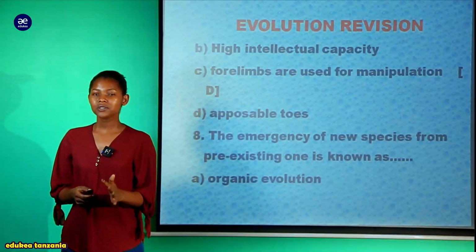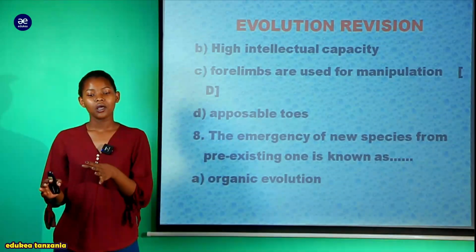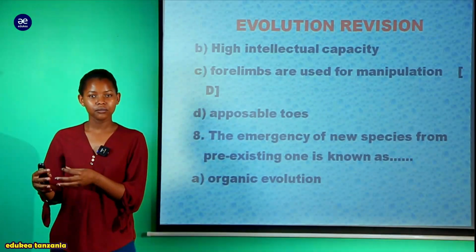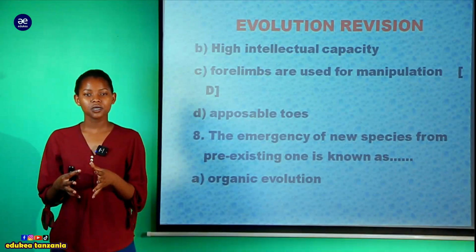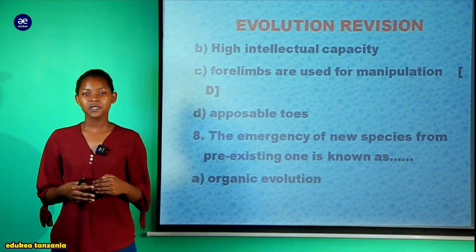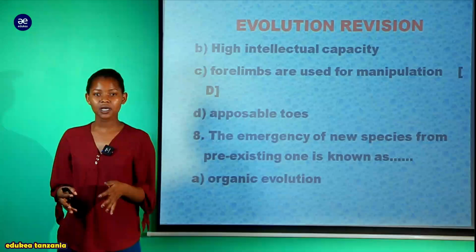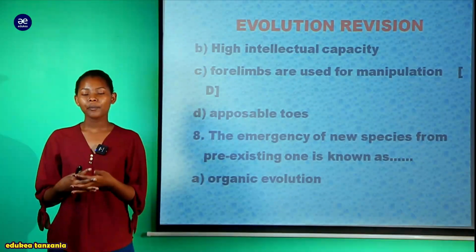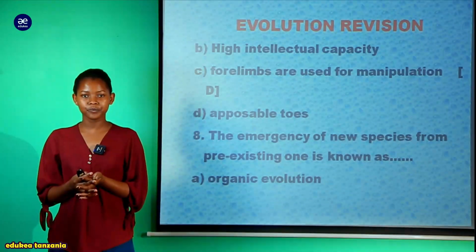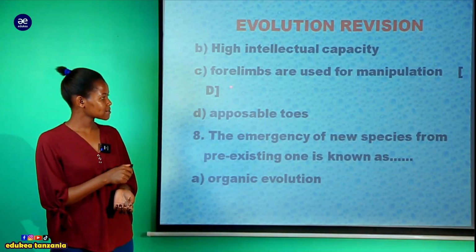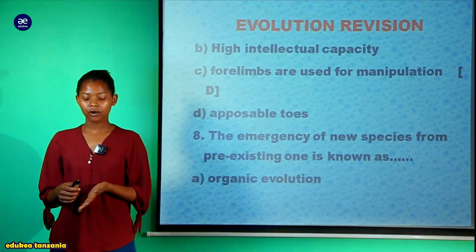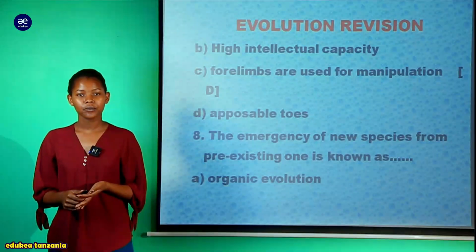Opposable toes are like the toes of dogs, cats, goats, sheep, and so forth. So this statement is false about man. Man doesn't possess opposable toes. Sorry. So the correct answer here is D. The correct answer for question number 7 is D.